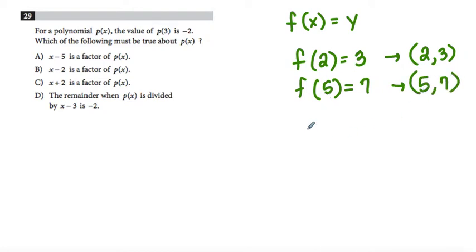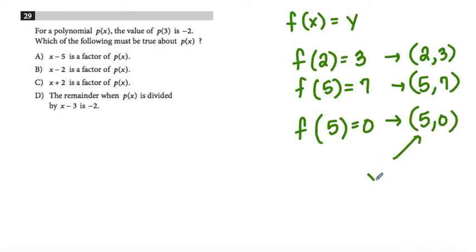Now we also know that if we get the point f at 5 equals 0, that is the point 5, 0. And that is the x-intercept. And we need to recall that intercepts are factors.